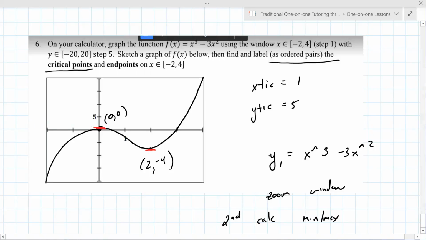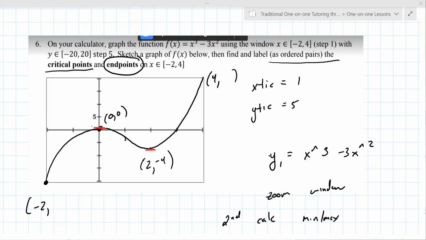Okay. The endpoints, you're literally checking what's going on at -2 and what's going on at 4, and you're just getting the y value there. So you're just substituting that value in. Looks like it's -20.